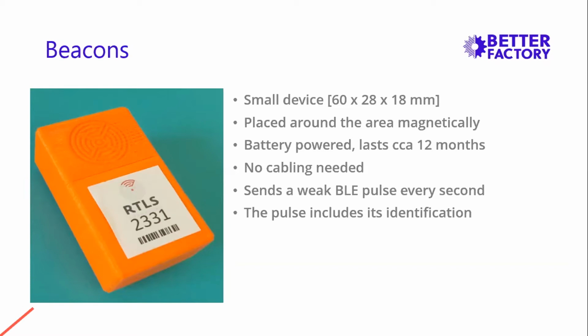Sometimes we get questions because they are Bluetooth based: are these in danger of interfering with other systems? We have them installed in large numbers in warehouses where they use Bluetooth for internal communication with the scanning of incoming and outgoing material. We have never had a problem.